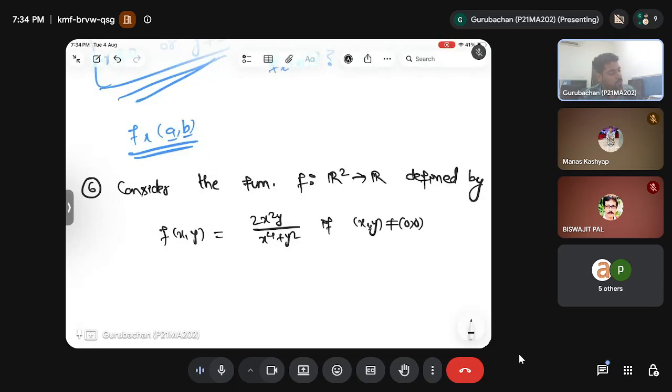See, continuity of this function we have seen in the second example. So obviously we will not discuss its continuity here. We only discuss its partial derivative at 0, 0.